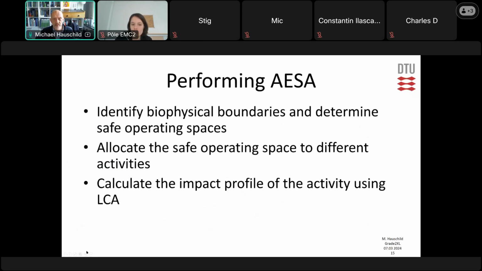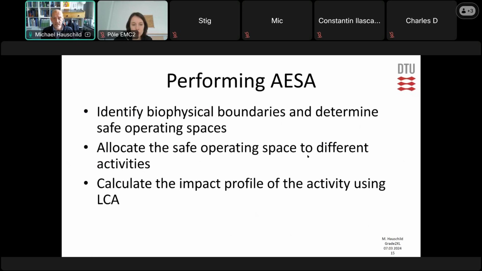So let me just summarize here. When you perform an AESA, an absolute environmental sustainability assessment, you first identify where the biophysical boundaries are that we need to respect in order to avoid risking runaway situations in climate or biodiversity. And then based on that, how big is the safe operating space? And then you determine how you allocate the safe operating space to different activities, and particularly to the activity that you are studying.